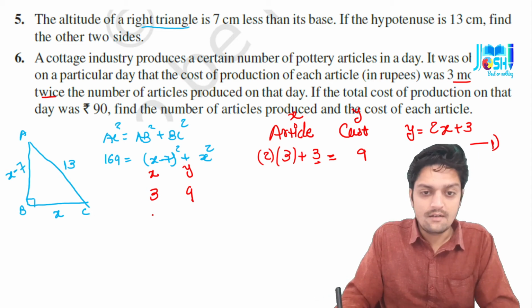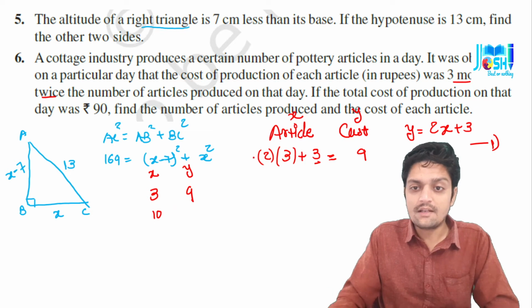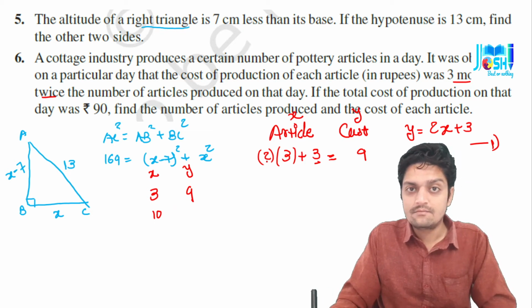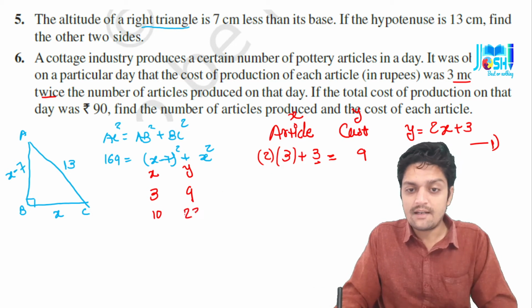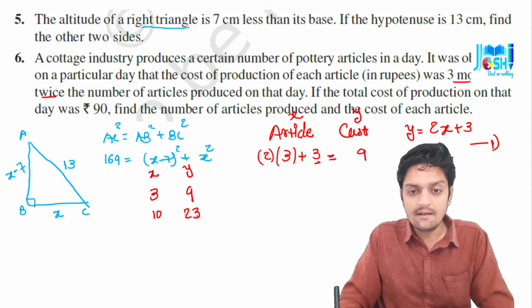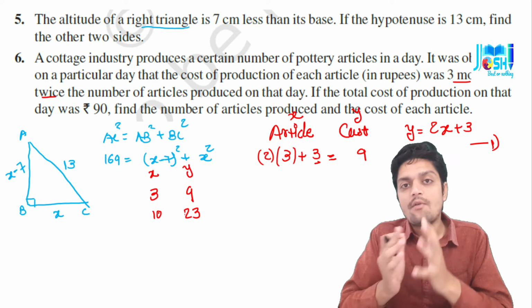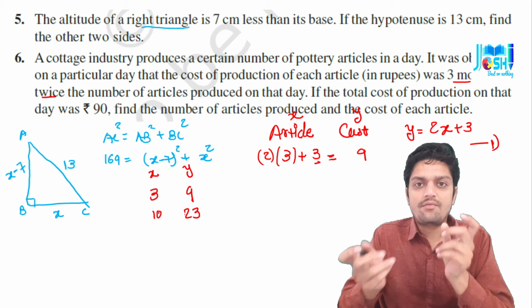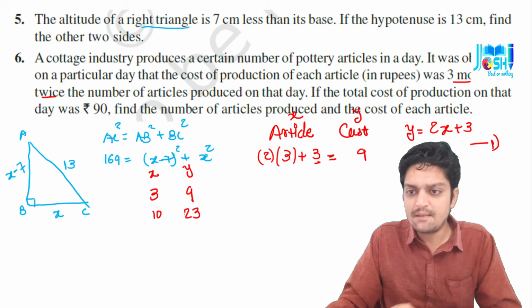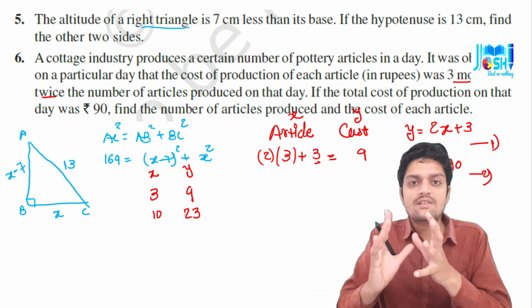For example, if 10 articles are produced, then 10 into 2 is 20, plus 3, 23. Then 23 into 10, so 230 is the total cost of all articles. So it is the multiplication of x and y. So your second equation, this is the main thing, is x into y is equal to 90. This is your equation number two.